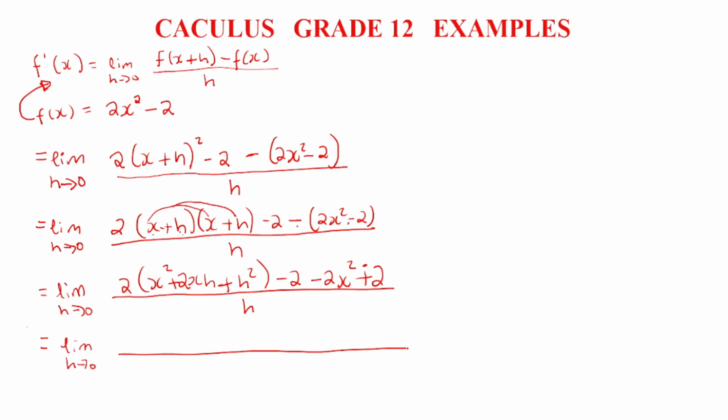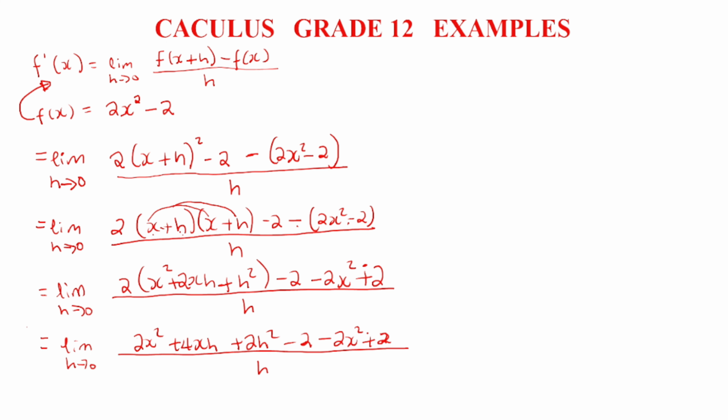This will be all over h again. All right, 2 times x squared is going to be 2x squared. 2 times 2xh is going to be 4xh, plus 2 times h squared is going to be 2h squared, minus 2, and then minus 2x squared, therefore plus 2.